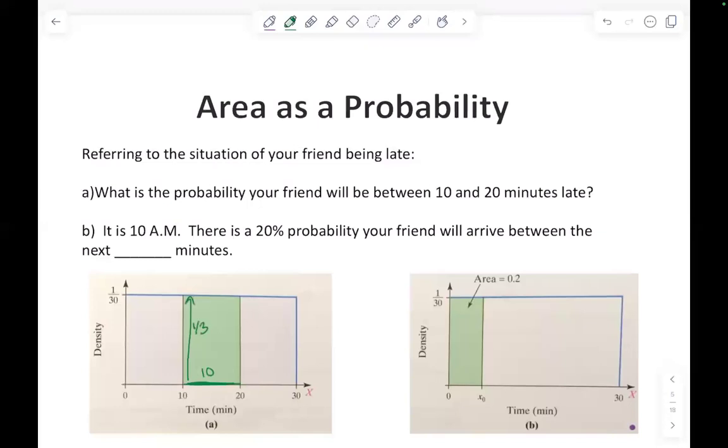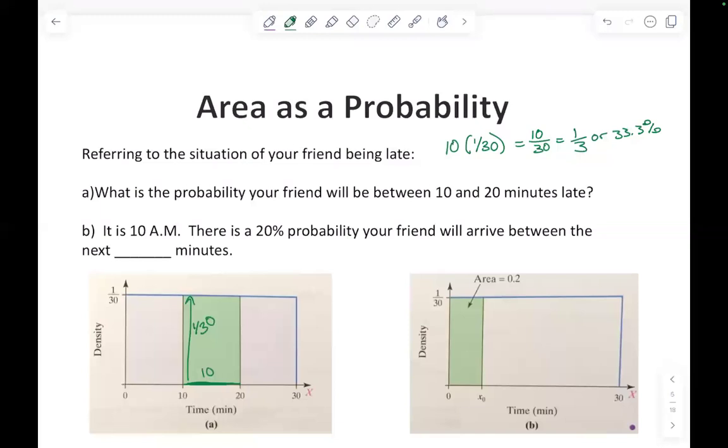To find the area of that rectangle, I would multiply 10 times 1/30, and using my fraction multiplication, I end up with 10/30, which is 1/3. So there's about a 33.3% chance of him being between 10 and 20 minutes late. So we can calculate probability as an area in this case.